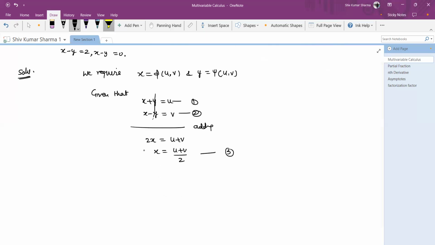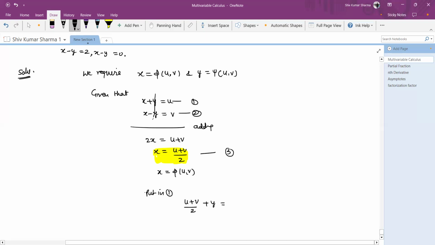So we got the first relation for x in terms of UV. Here x is a function of UV. Now we solve for y. Putting this value of x in equation 1, we write u plus v upon 2 plus y is equal to u.